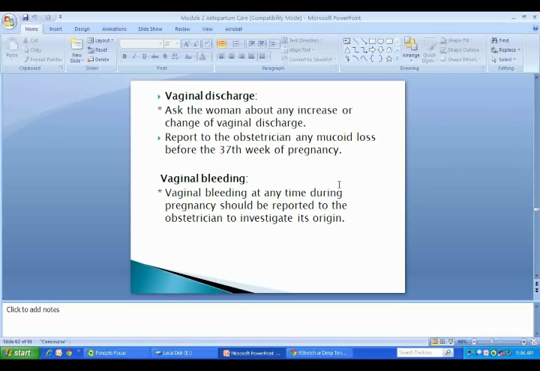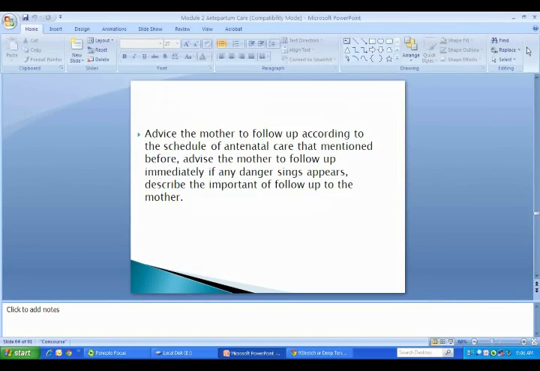We don't want to upset the natural flora during pregnancy, because if we're not pregnant, our pH is pretty neutral, about a 7, but during pregnancy it becomes more acidic, and that's the body's way of protecting itself from any type of bacteria migrating up and causing potentially an infection and a risk factor for preterm labor. We tell them if they have any type of vaginal discharge, it needs to be reported and investigated.